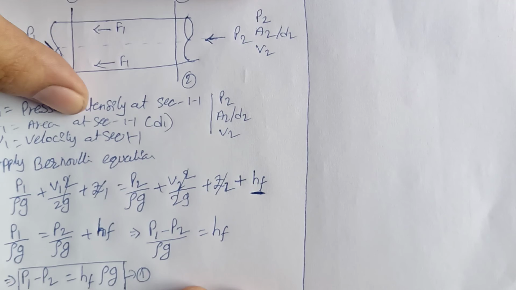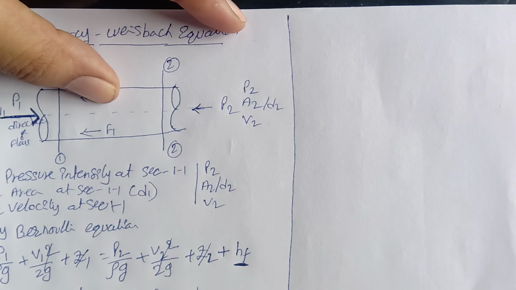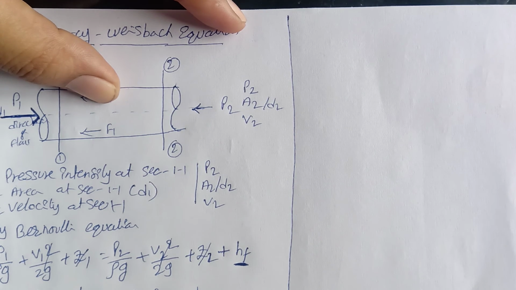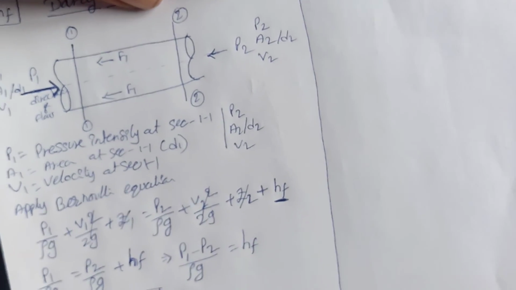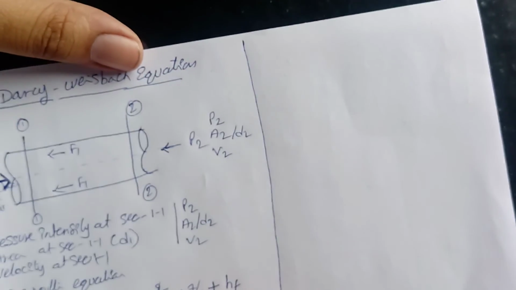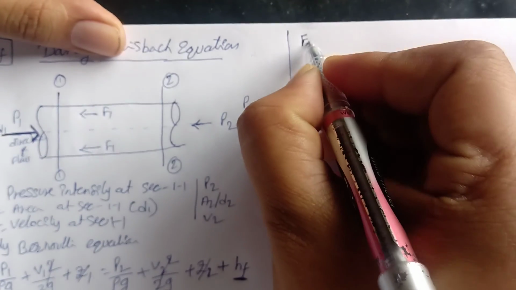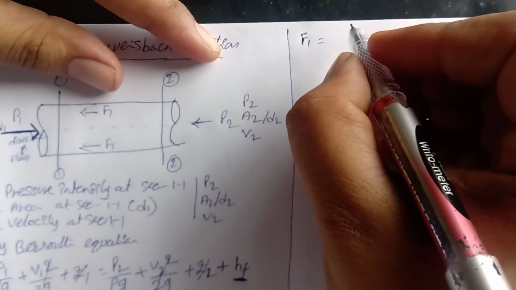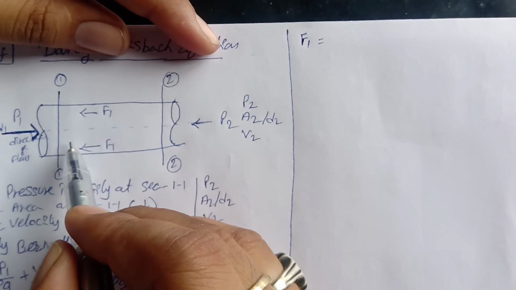Now let us resolve the forces in x direction. Before that, let us know another important point. This friction F1 is wetting the inside diameter of the pipe.